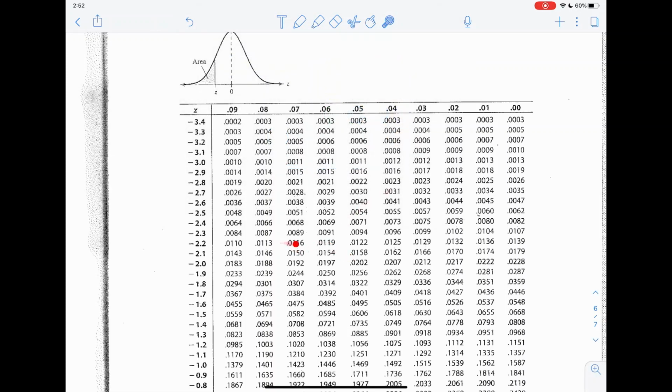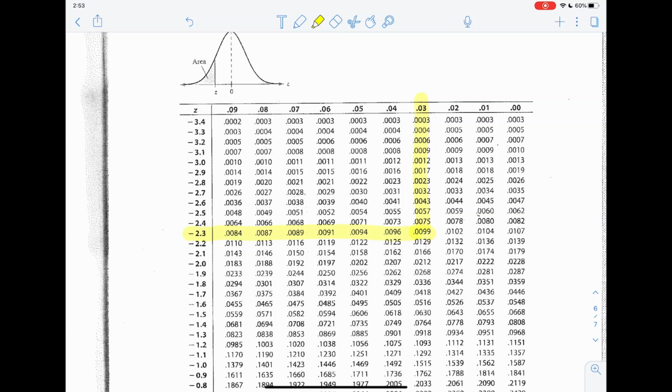0.01 should be somewhere around here. So we notice that between 0.099 and 0.102, our desired area, 0.01, lies closer to the 0.099. So we're going to use that z-score, which corresponds to a hundredths place of 0.03 and a tenths base value of negative 2.3.